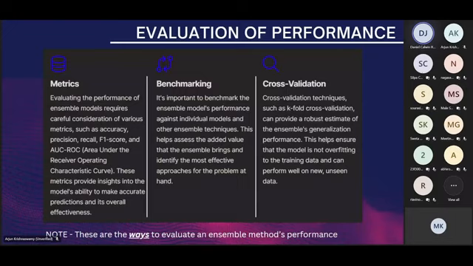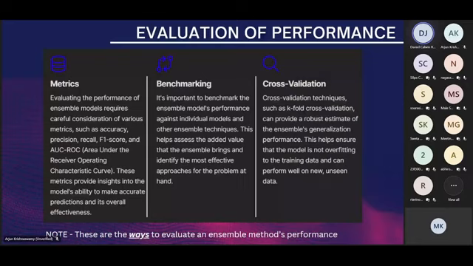And we have benchmarking. Benchmarking is basically the process where we compare and contrast several ensemble methods together. And the last one is going to be cross validation. One such cross validation method is the k-fold cross validation method, which you guys will be looking into in detail in the upcoming sessions. So that's it about evaluation of performance.